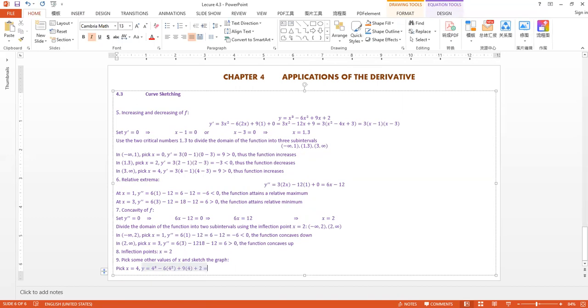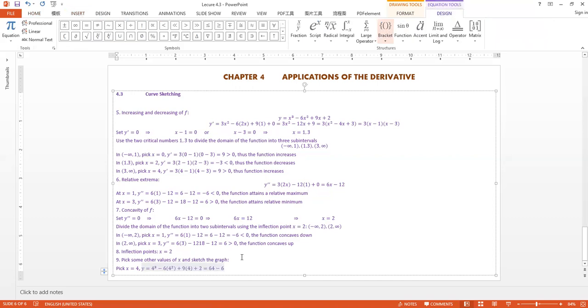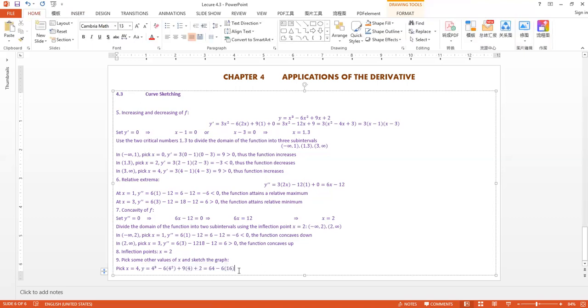So 4 cubed is 64, minus 6 times 4 squared, which is 16, so 6 times 16 is 96, plus 9 times 4, that's 36.